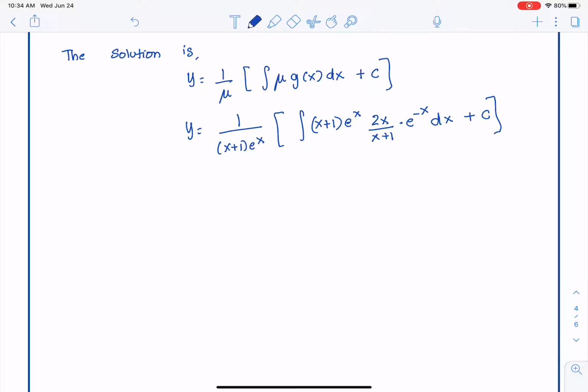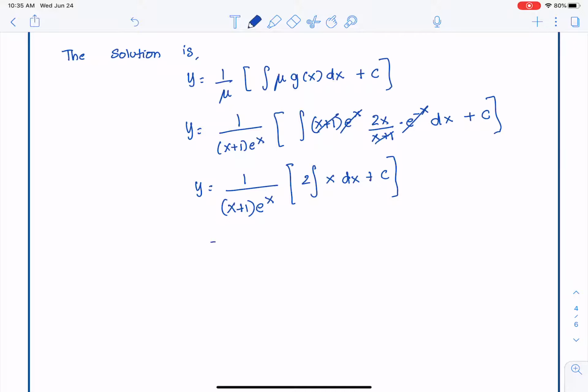Things are falling in place, so x plus 1 would go away, the e raised x and e raised negative x would go away, so we would simply have y is equal to 1 over (x plus 1) e raised x integral 2x dx plus c.